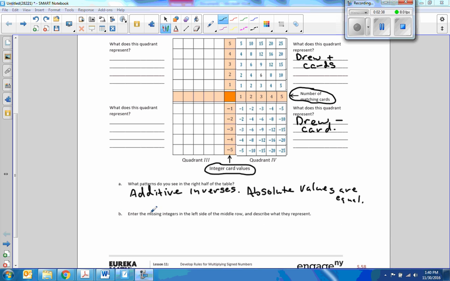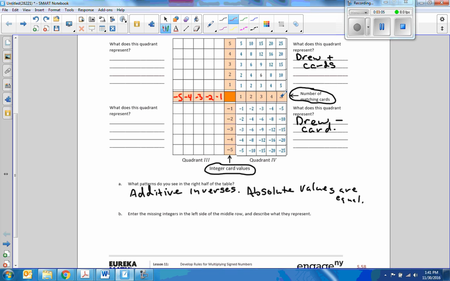Now B says enter the missing integers on the left side of the middle row and describe what they represent. So I'm going to put a negative 1 here, negative 2, negative 3, negative 4, and negative 5 there. Those are number of matching cards, and this is the integer value.